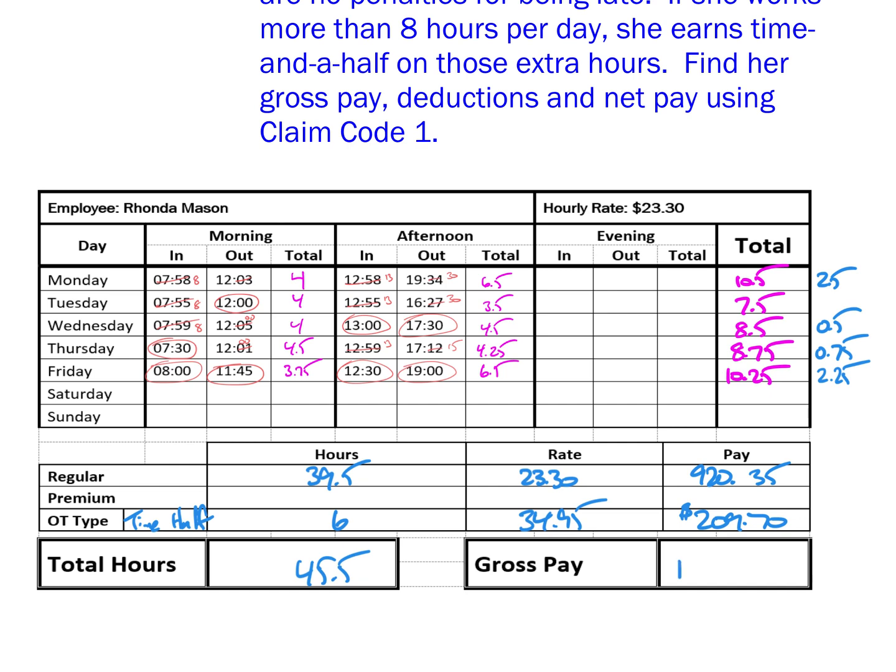Adding those together, we get $1130.05. That is Rhonda's gross pay for the week. Now that's just gross pay. We're going to go ahead and figure out the deductions and the net pay in just a second.